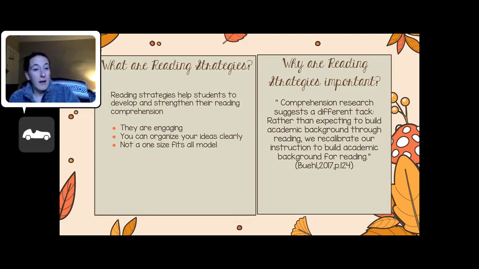Specifically, when I think about all of my EL learners that I have in my classrooms, they have a lack of background knowledge. So, in order for them to get the most out of reading, they need to have that background knowledge in order to read.